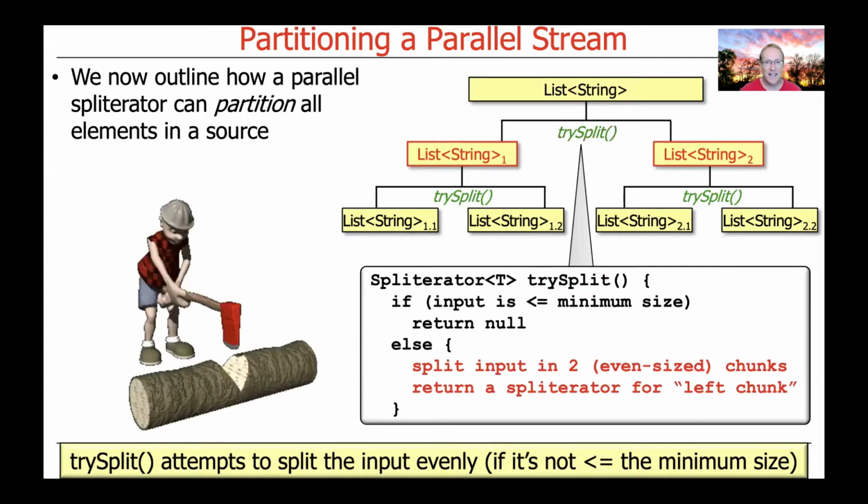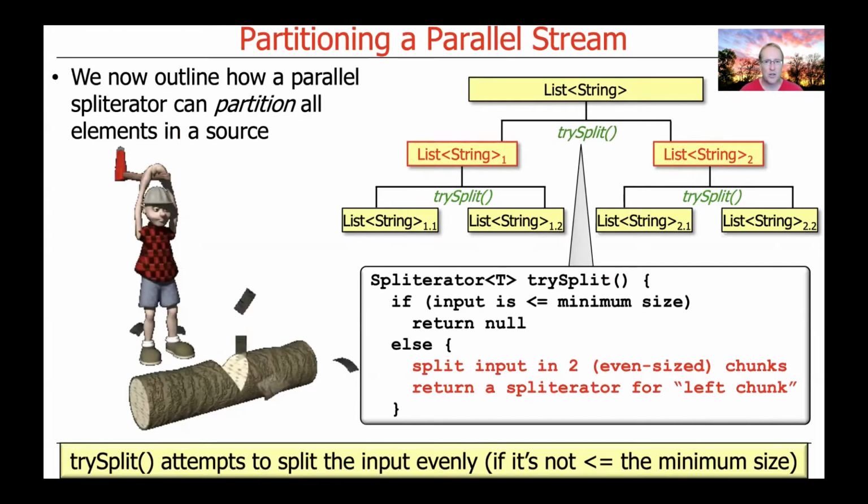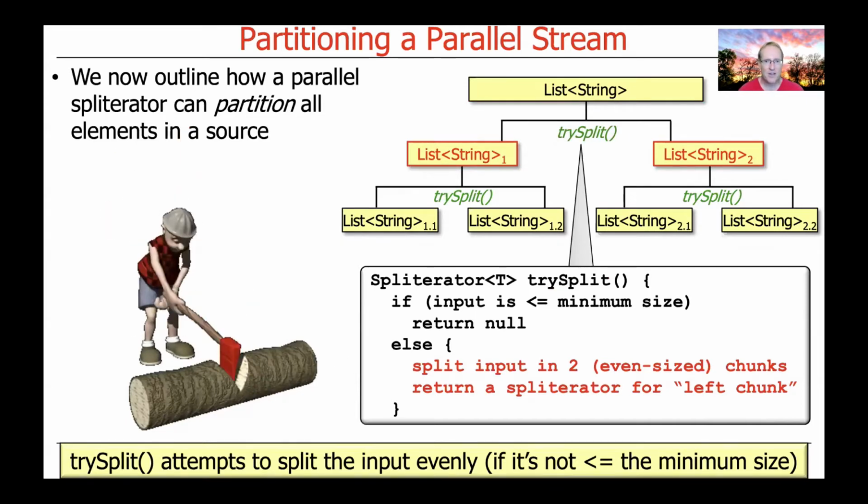So the basic idea of try-split is to try to take a big data collection, data source, and then chop it up, literally chop it up like I show with my animation here, into smaller chunks. And ideally, if you have the right kind of collection, it'll be able to split it evenly and it'll be able to split it efficiently.